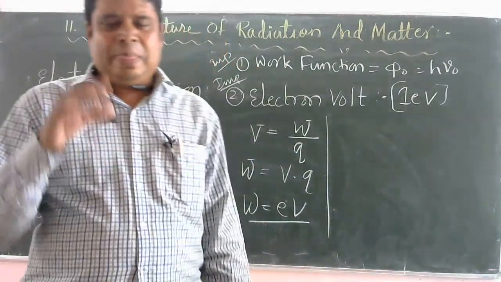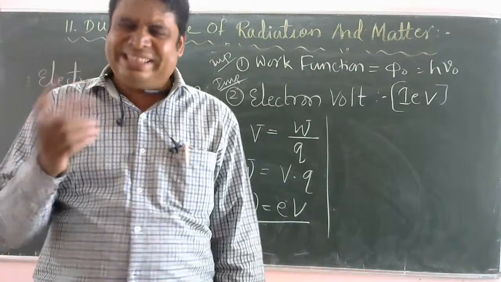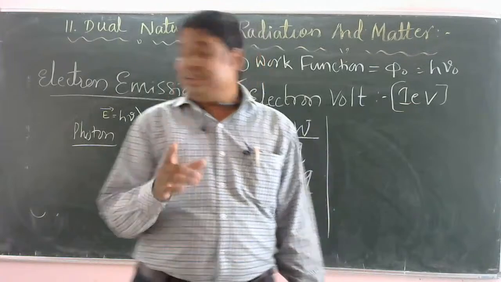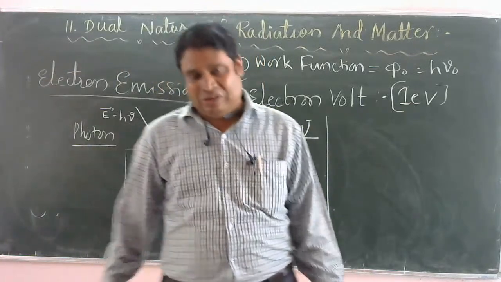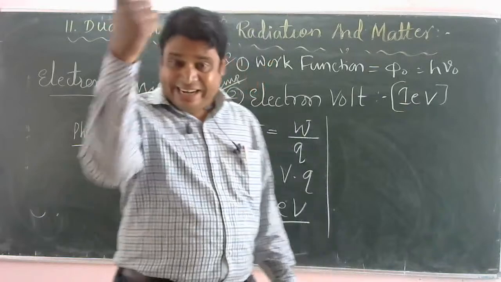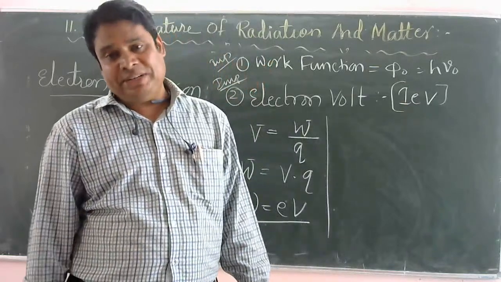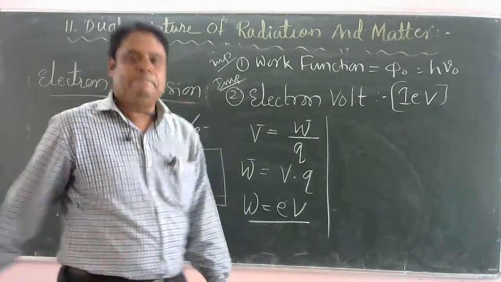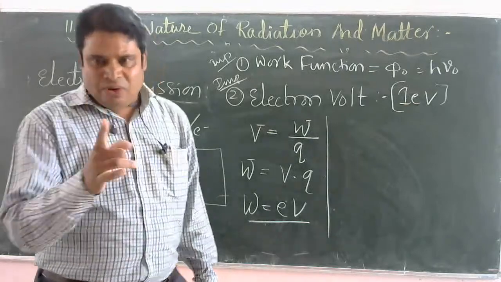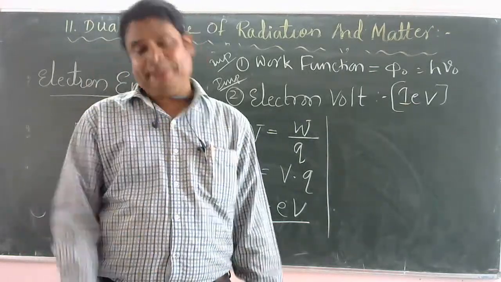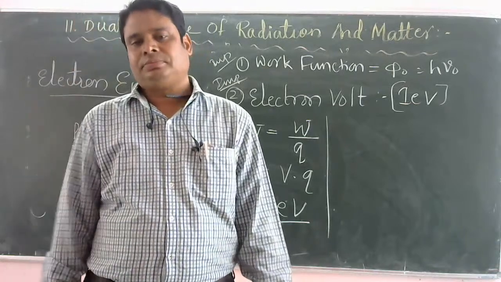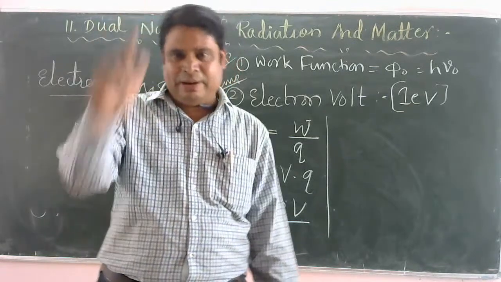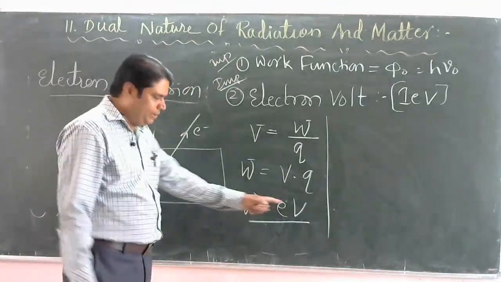Electron volt is the energy gained by an electron when it is accelerated by applying a potential difference of 1 volt. Anyway, we have to consider the energy or work term.